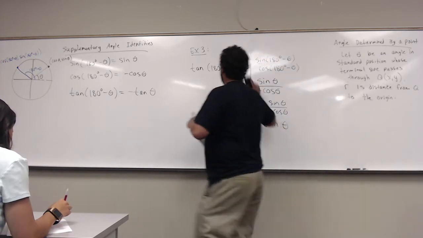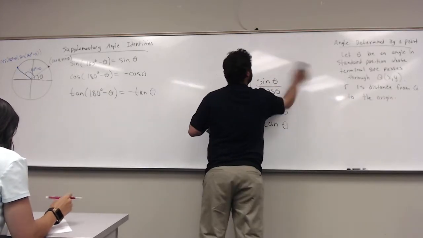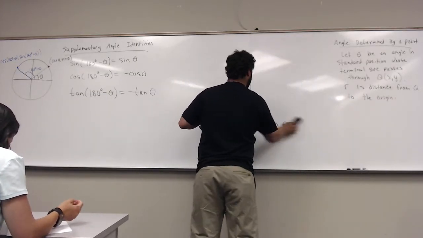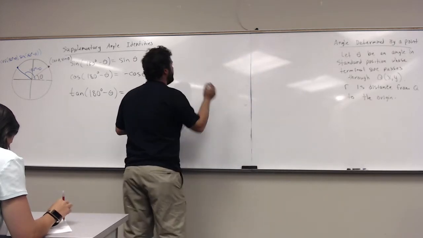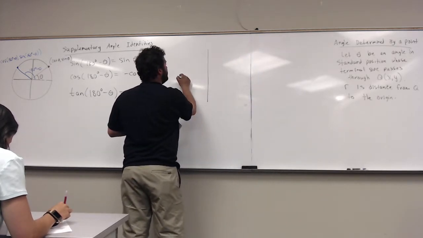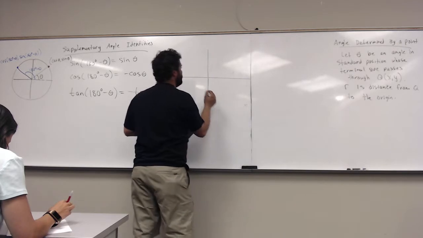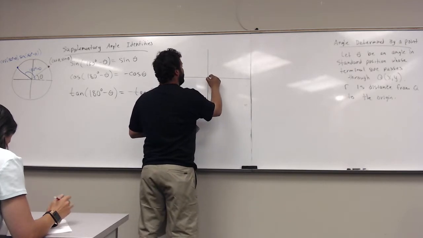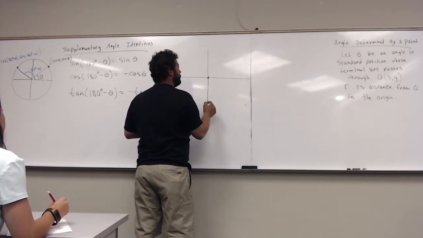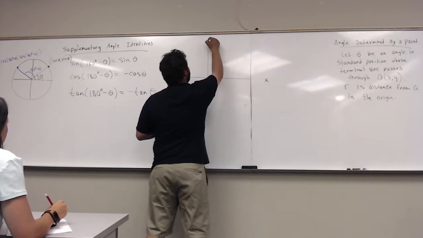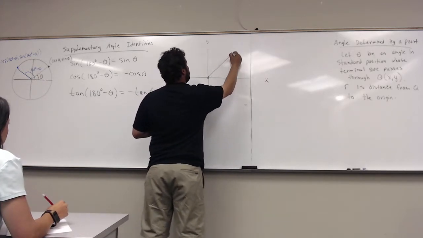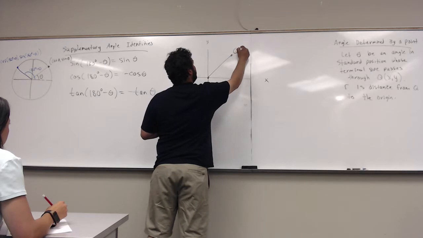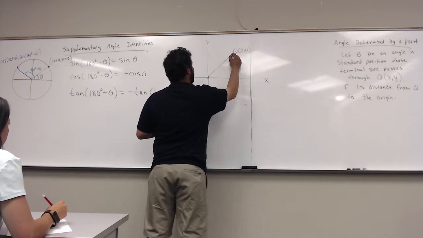So I'm going to draw a picture as usual. For simplicity, I'm just going to draw it in the first quadrant, but all these facts remain true in general. So here's the origin 0, 0, x-axis, y-axis. It's going to point to the point Q with coordinates x, y.